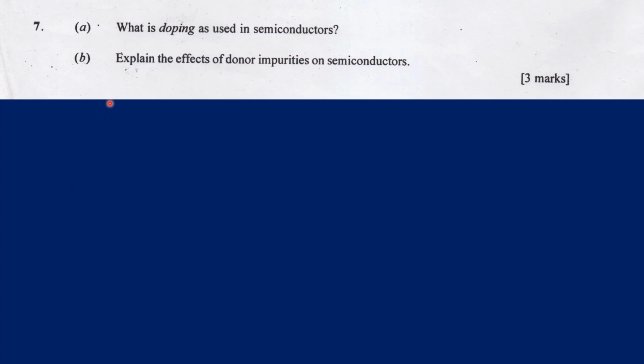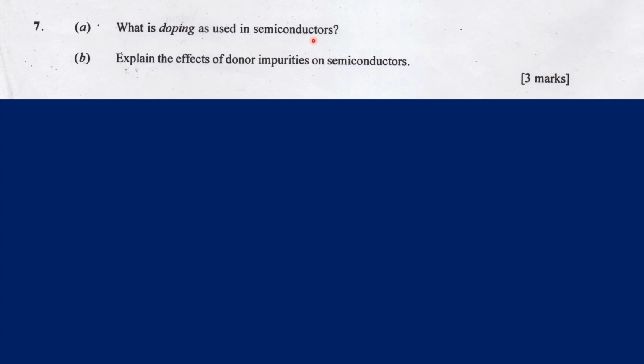Question 7. A. What is doping as used in semiconductors? Now, first of all, let's understand what a semiconductor is. A semiconductor is a material whose conductivity lies between a conductor and an insulator. And a semiconductor in its pure state, without any impurity added, is called an intrinsic semiconductor.